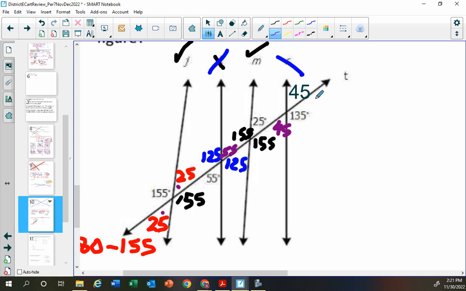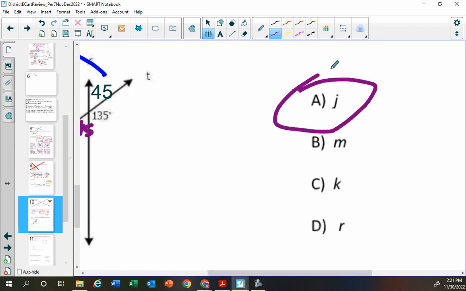If the combinations are the same, the lines are parallel. Different, not parallel. So your answer would be J and M.